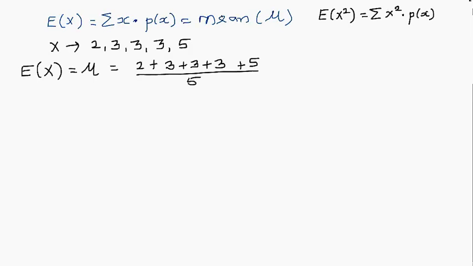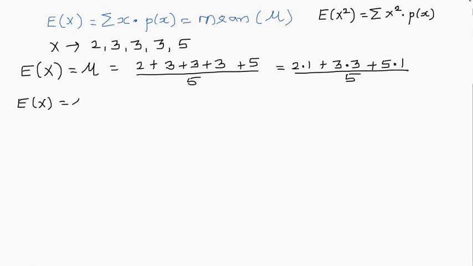Now I'm not going to add and divide by 5, but I'm going to rewrite this. Can I write this as 2 times 1 plus 3 times 3 plus 5 times 1 divided by 5.